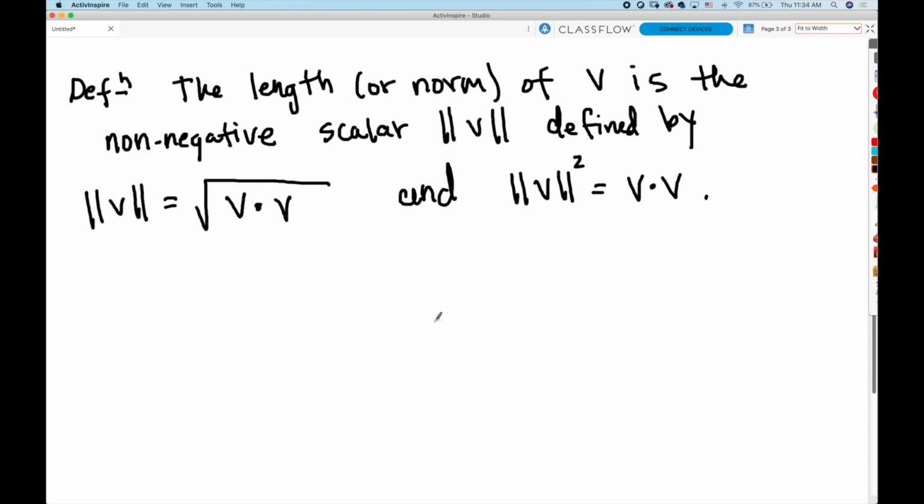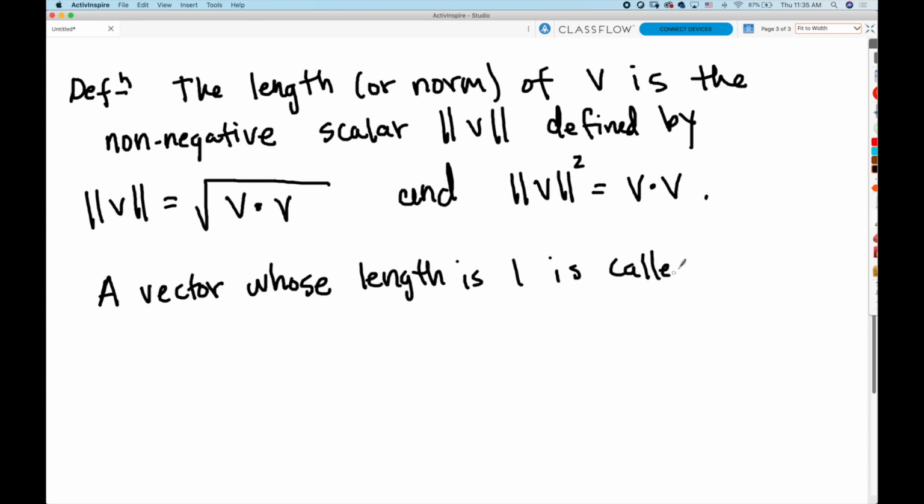Okay, so let's do an example. Oh, well, before we jump to an example, a vector whose length is 1 is called a unit vector.